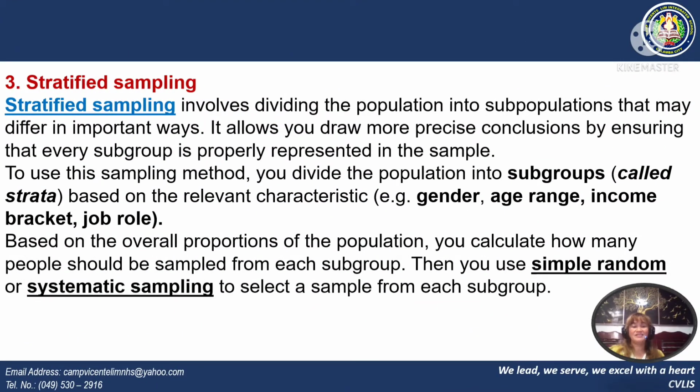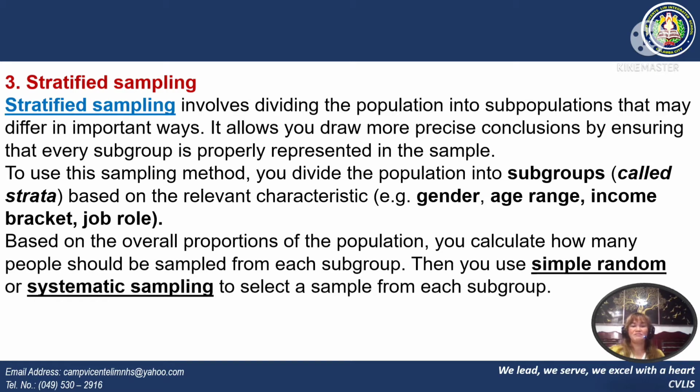Third, stratified sampling technique. This involves dividing the population into subpopulations that may differ in important ways. It allows you to draw more precise conclusions by ensuring that every subgroup is properly represented in the sample.